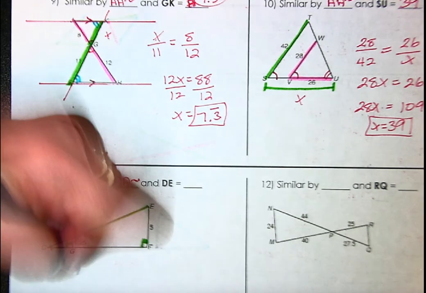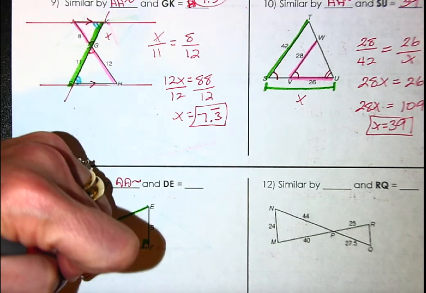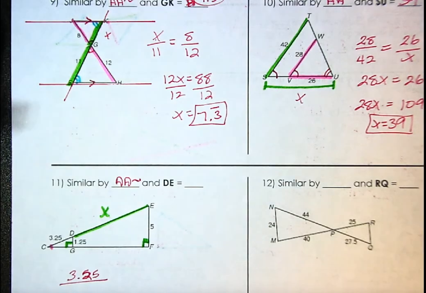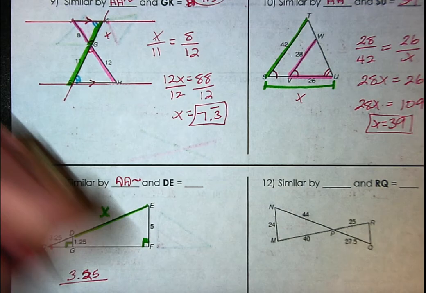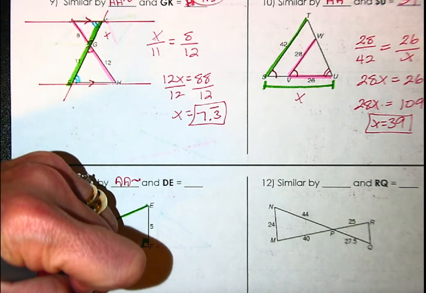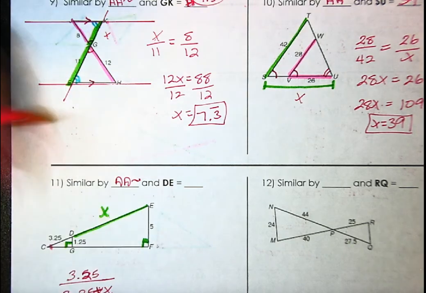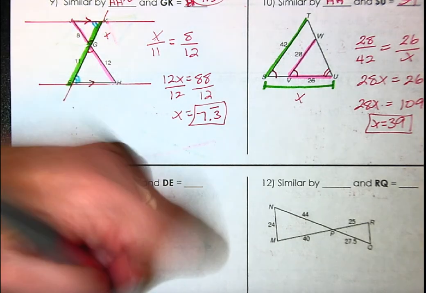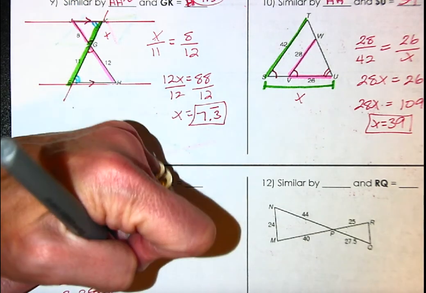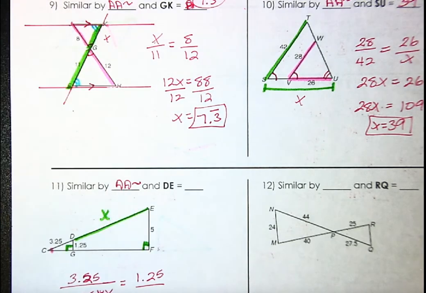So I'm going to put 3.25 over my 3.25 plus my X. That would be the whole side, and that's going to equal this 1.25 over my 5.